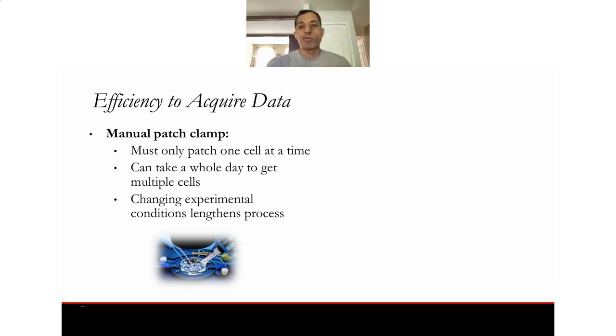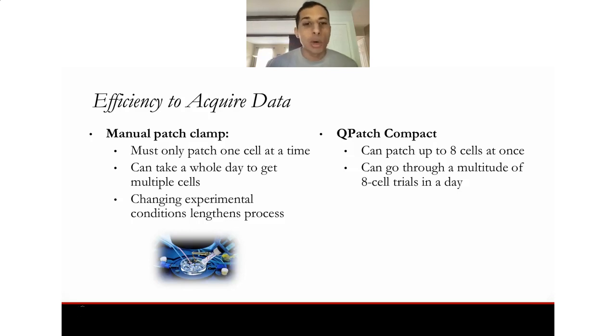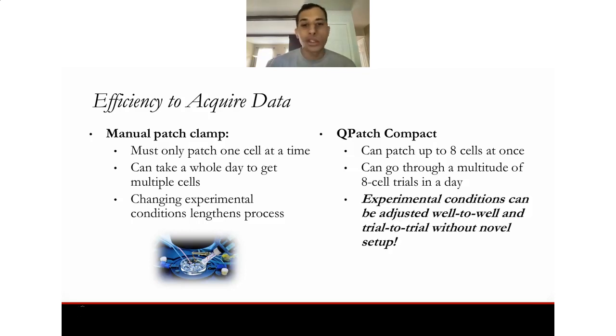Oftentimes you might have to transfer your experiments to a different day to allow your changes to take place. But with QPatch, you can do 8 cells at once. And what I think is one of the coolest things is you can adjust the experimental conditions between the wells and between trials without having to go through a really lengthy setup process.